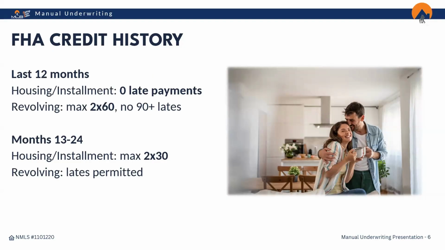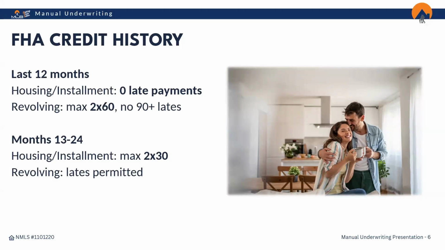And then, of course, if we're looking at year number 2, months 13 through 24, there can't be any more than 2 late payments. And revolving does allow for lates in year number 2. But of course, the underwriter is going to look at the loan in detail, and they may ask for additional documentation and explanation on any of those items as they review the file and the borrower's financial situation.